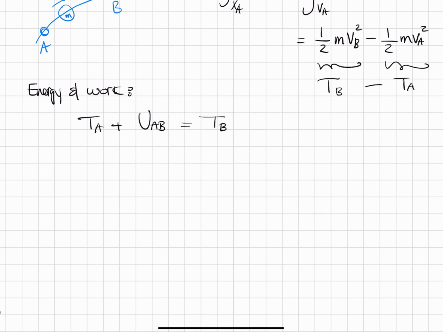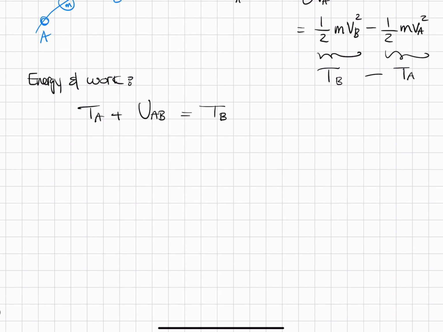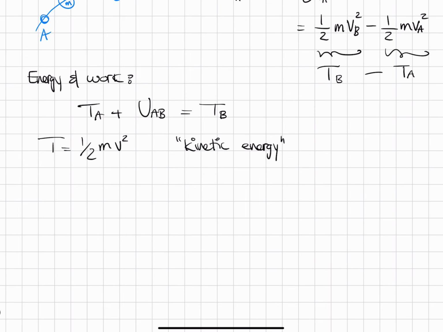So let's summarize. We have the different kinds of work and energy. We said you have kinetic energy, where T is equal to 1/2 mv squared. We said we have potential energy. For potential energy, let's use V. So we have V gravity.